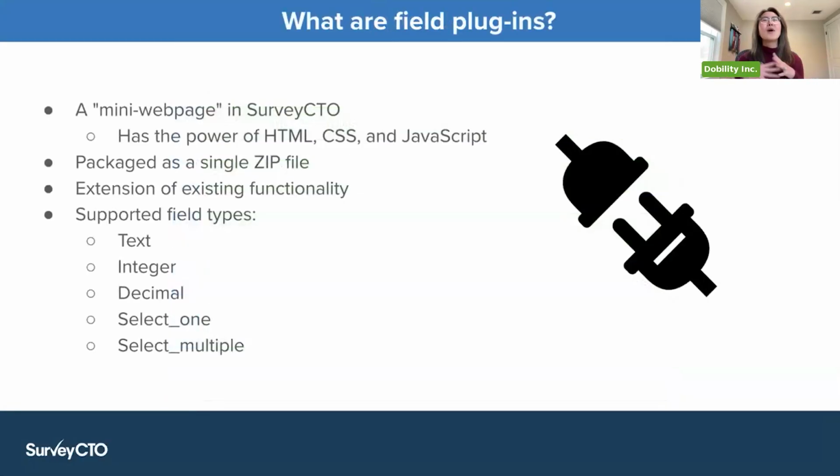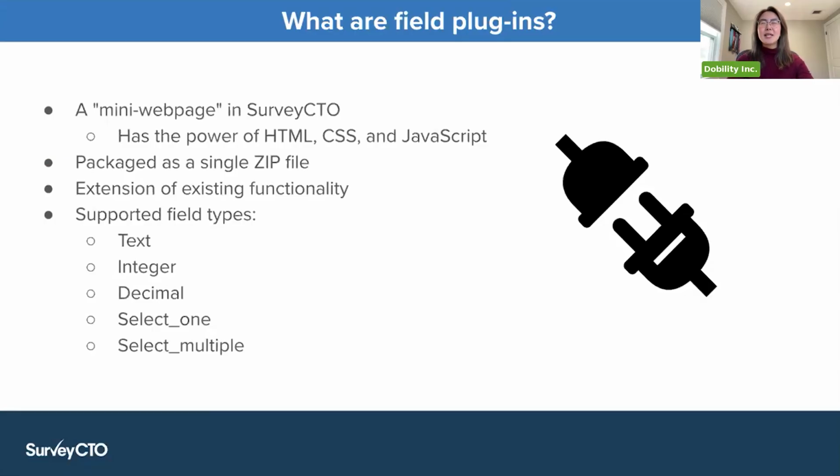First of all, what is a field plugin? The simplest way I can describe it is, imagine putting together a miniature web page right inside one of your form fields. That's essentially what a field plugin is. Now, why do I say a plugin is like a web page?